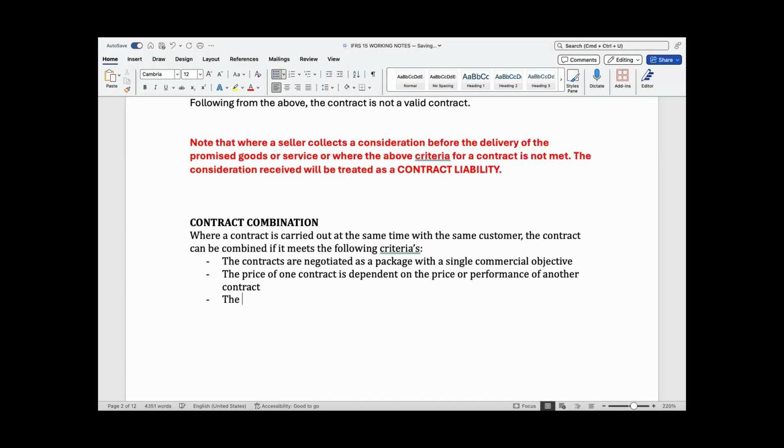Number three, the goods or services of the contract can be delivered as a package.